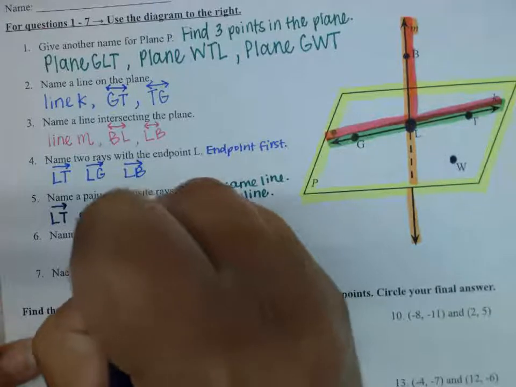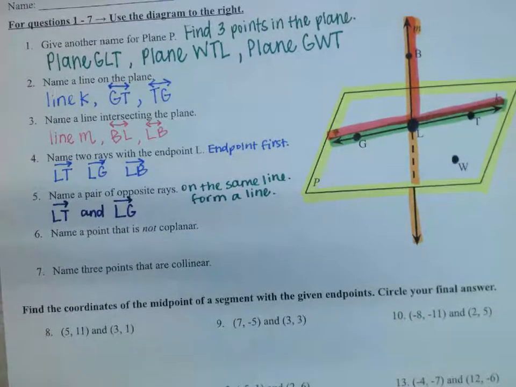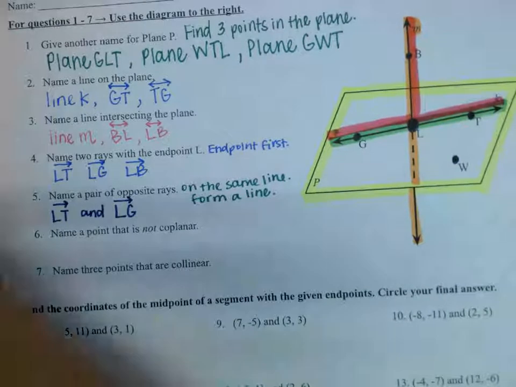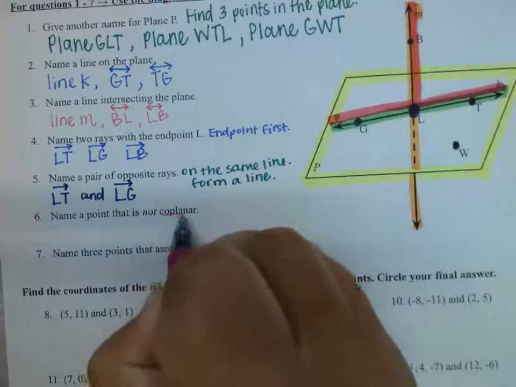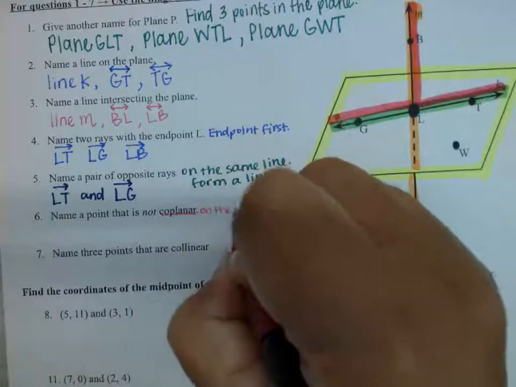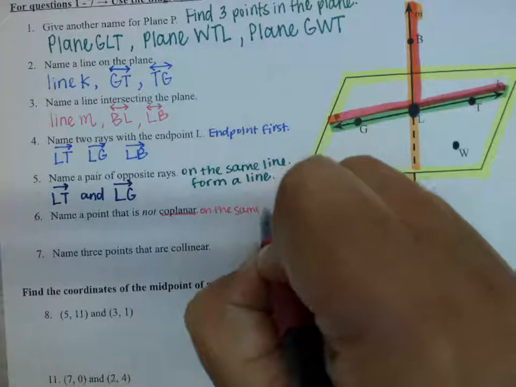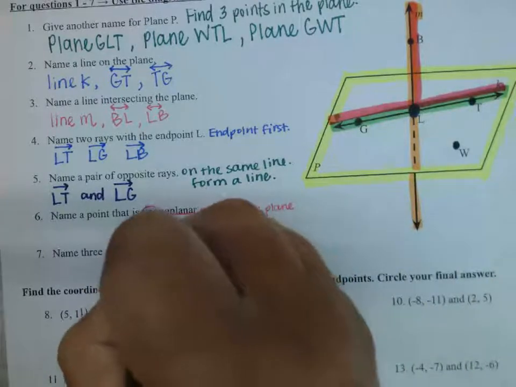Name a point that is not coplanar. Well, first of all, coplanar means on the same plane. Okay, so when it's not coplanar, that means that they're not going to be on the same plane.